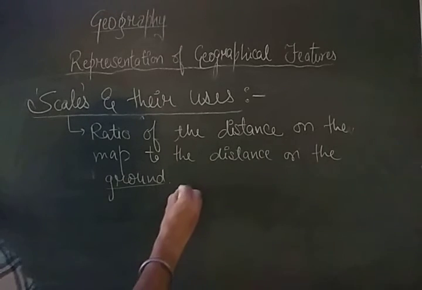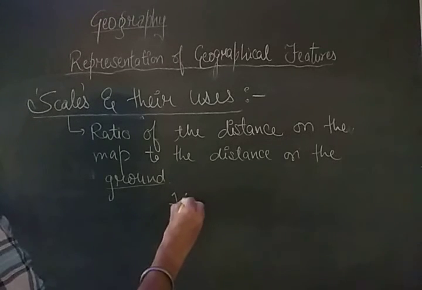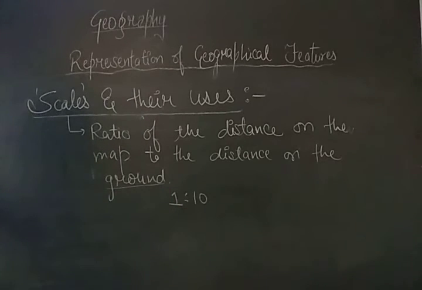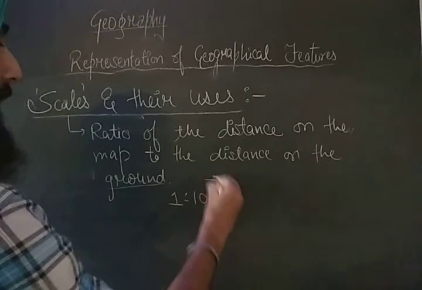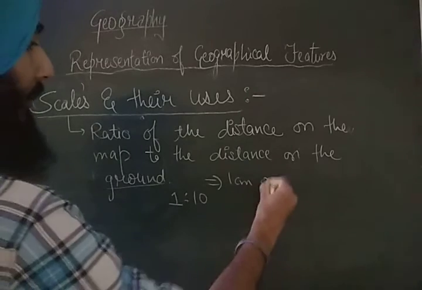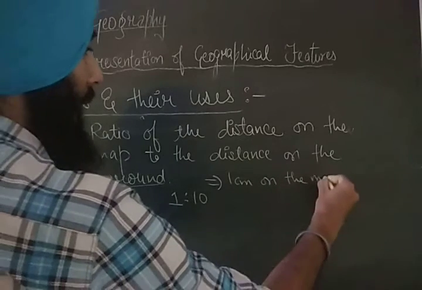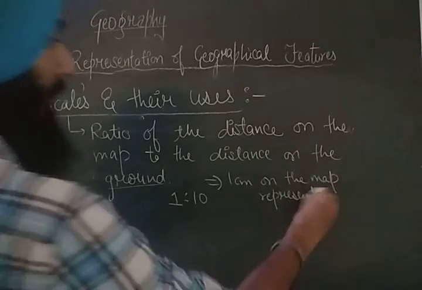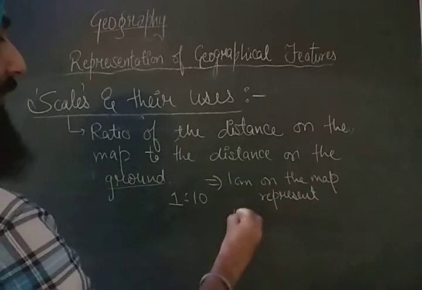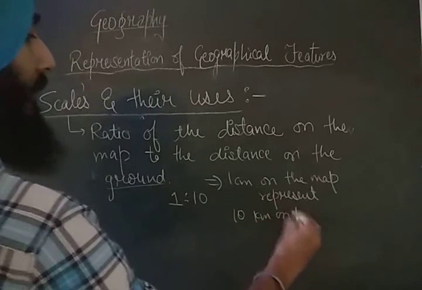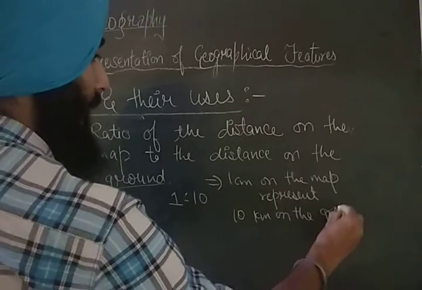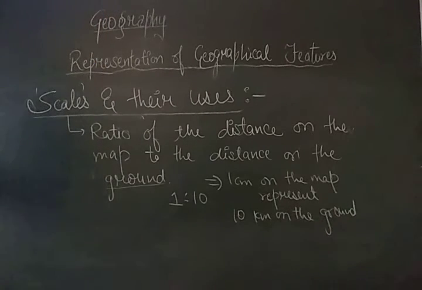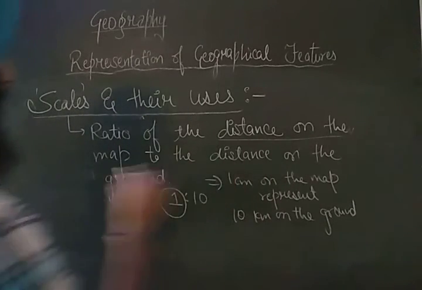For example, if I say 1:10, that means 1 centimeter on the map represents 10 kilometers on the ground. When I say 1:10, what is 1 here? 1 is the distance on the map.